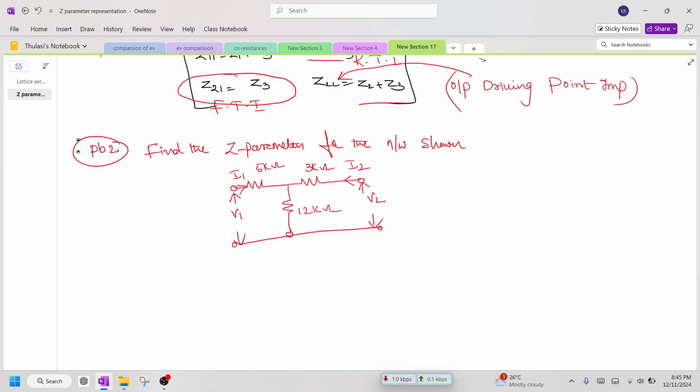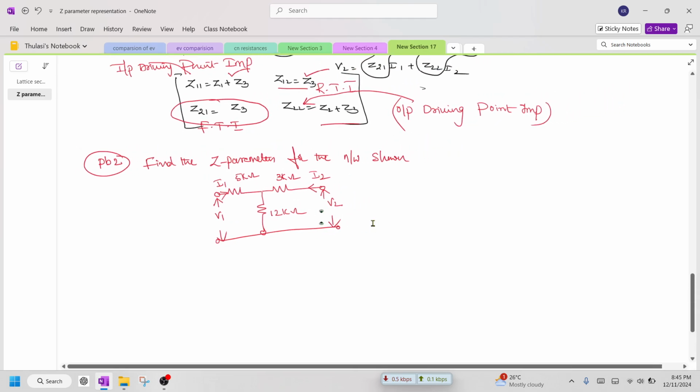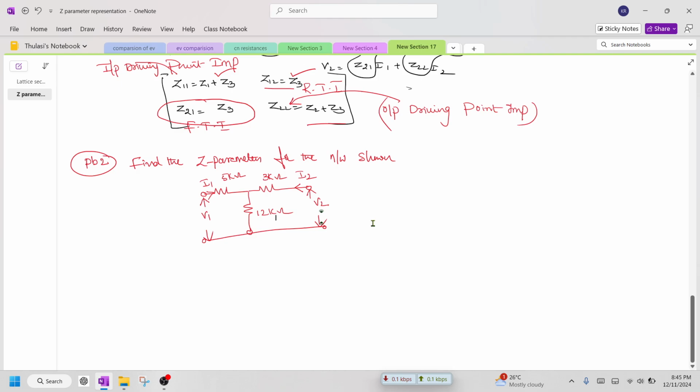If you solve it by the above procedure also, you'll get the same. Let's try to verify by two methods, the standard procedure and the shortcut. What is the value of Z11 we are supposed to get? Z11 is nothing but Z1 plus Z3, I mean these two values. So this is 5 plus 12 kilo ohm.